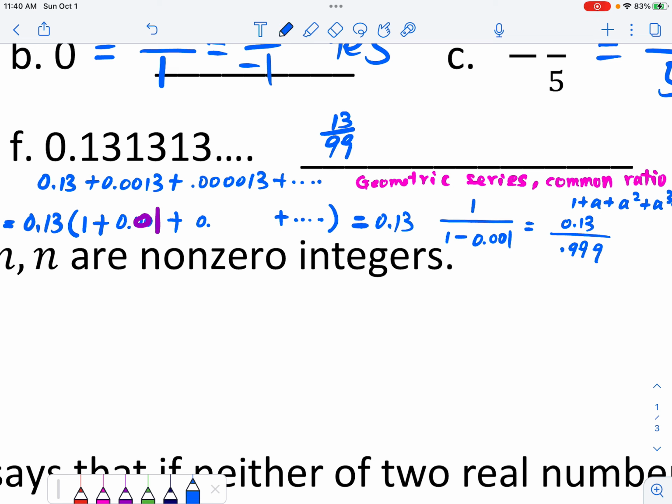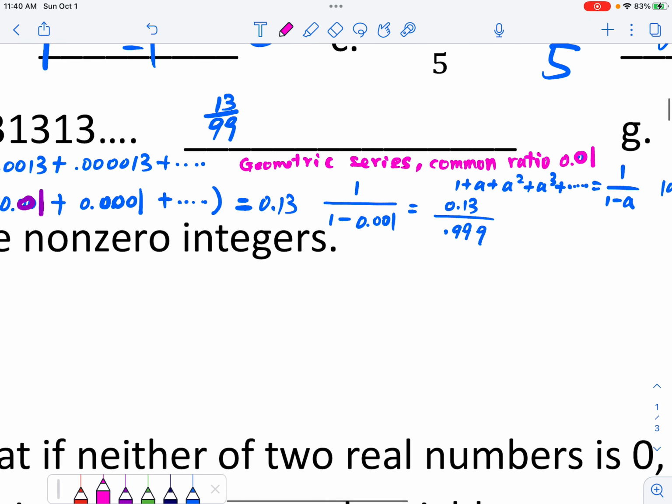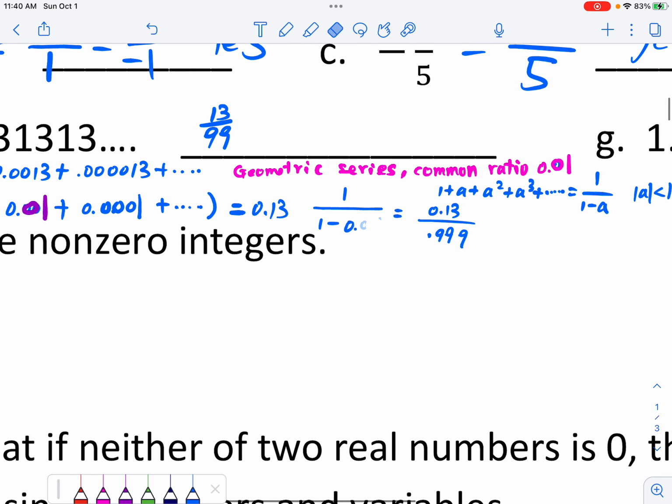So this is 0.0001, and so on and so forth. The common ratio is actually hundredth, not thousandth, 0.01. Okay, sorry about that. That is supposed to be 1 minus 0.01.